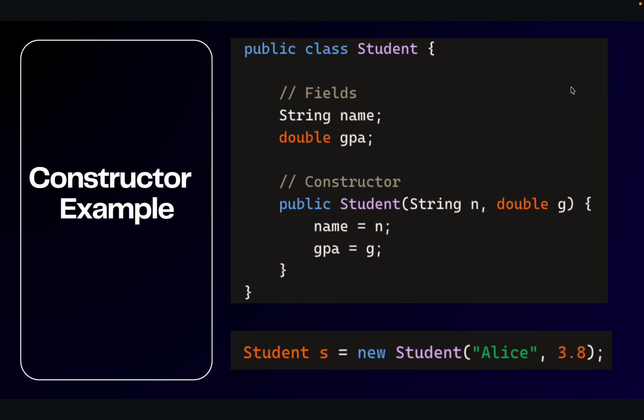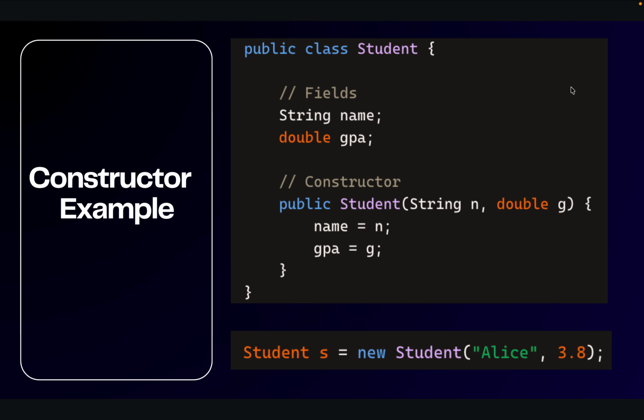So if we take a look at our example again, you see we have two fields, name and GPA. In our constructor, please note that our constructor and our class name are the exact same thing. Case sensitive as well, meaning every uppercase in the name has to also match.